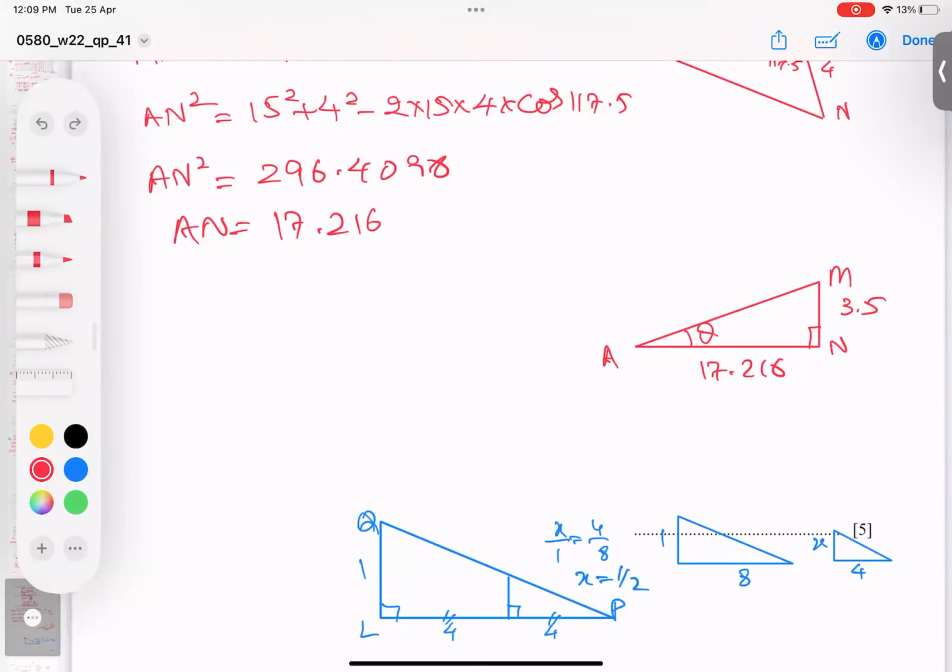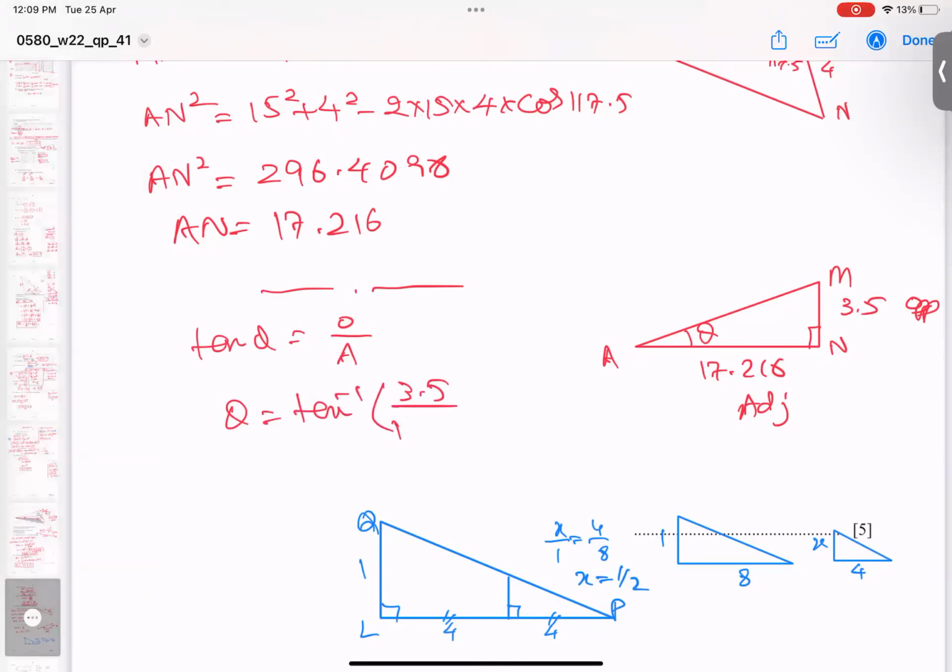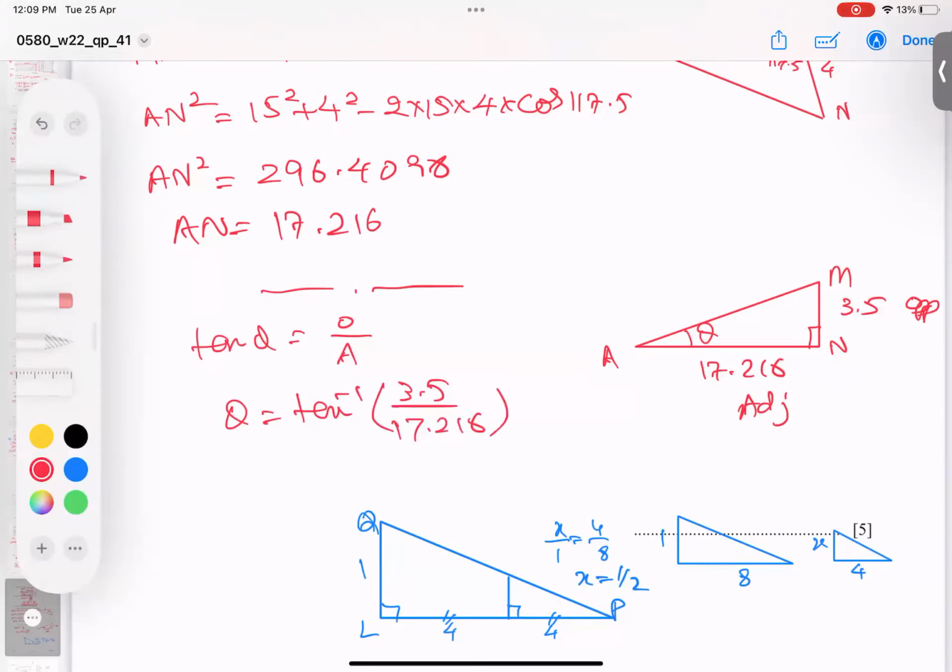Now I can use SOHCAHTOA. In front of the angle is called opposite, and this is adjacent. Opposite over adjacent is tan theta. So alhamdulillah. Theta equals tan inverse of this side, 3.5 over 17.216.